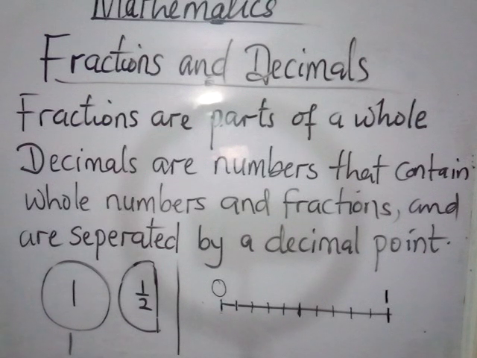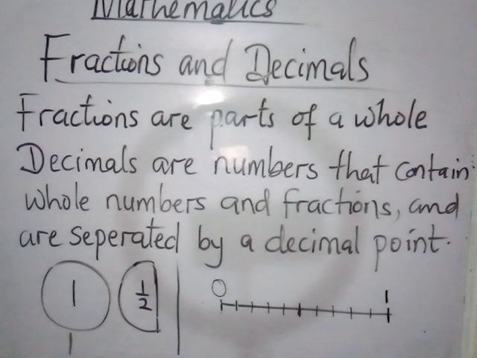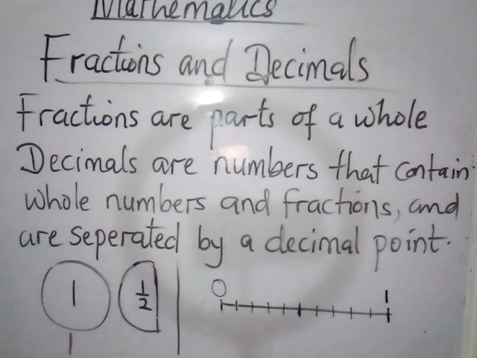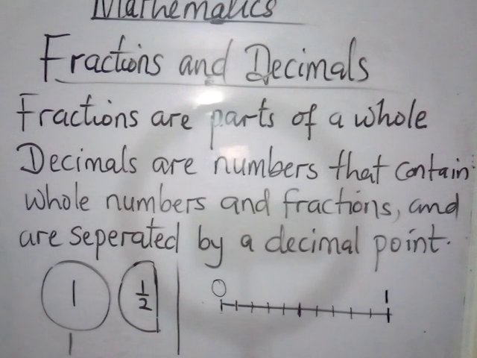So fractions, like we know, are parts of a whole, and decimal numbers are those numbers that contain whole numbers and fractions, and they are usually separated by a decimal point. Decimal numbers are those numbers that are a mixture of whole or full numbers and fractions. Remember, we said fractions are not whole numbers, they are numbers that are part of a whole.